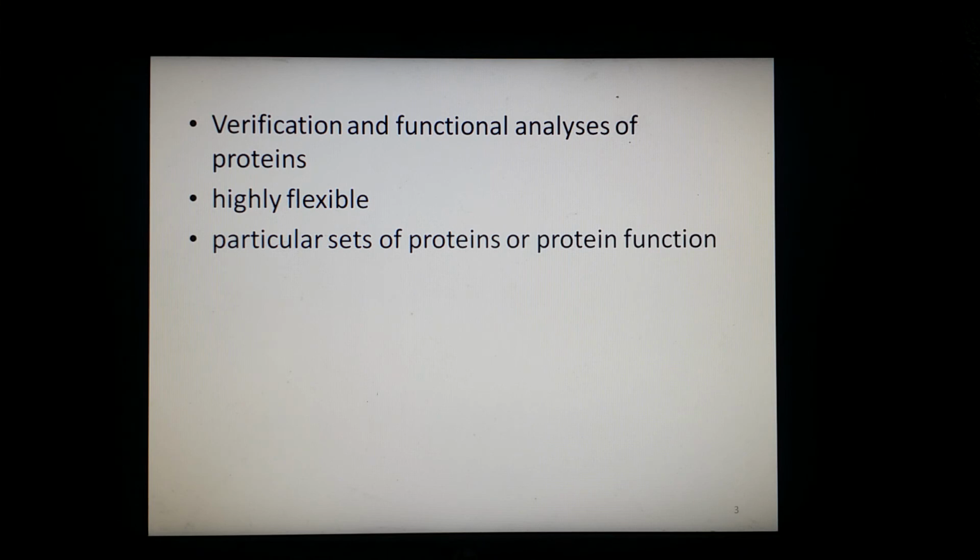This technique greatly simplifies the verification and functional analysis of proteins that are detected. In addition, this approach is highly flexible, and it can be focused on particular sets of proteins or protein functions such as cell signaling molecules.